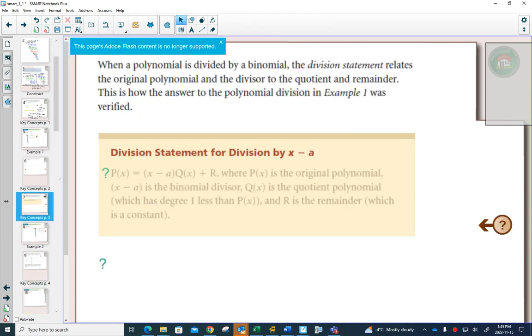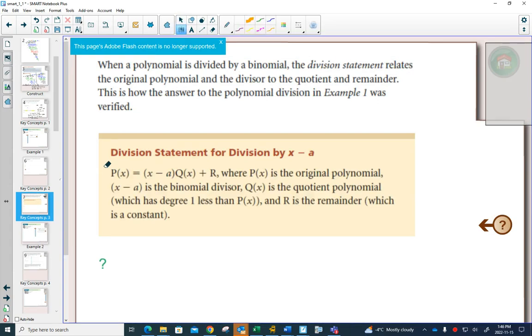They tell us what the division statement is, and the division statement is always the polynomial you started with is equal to what you divided by times your quotient plus your remainder. And if you think of Dairy Queen ice cream, it really makes it easy to remember. Polynomial equals dq plus r.